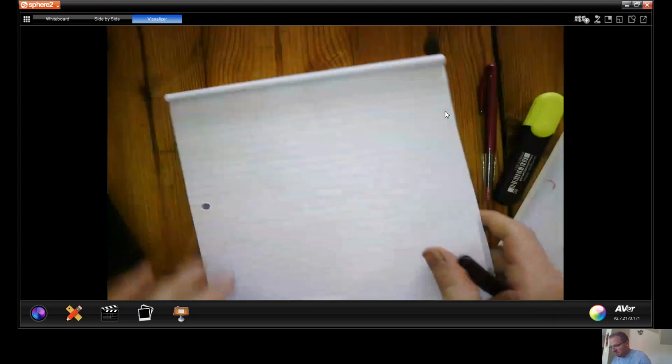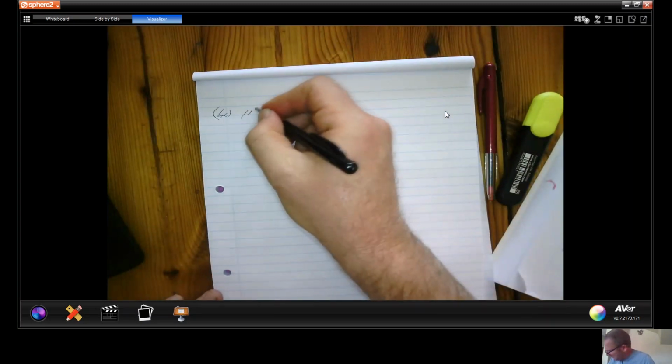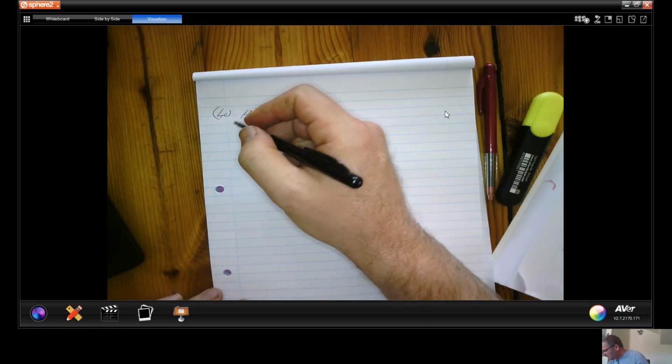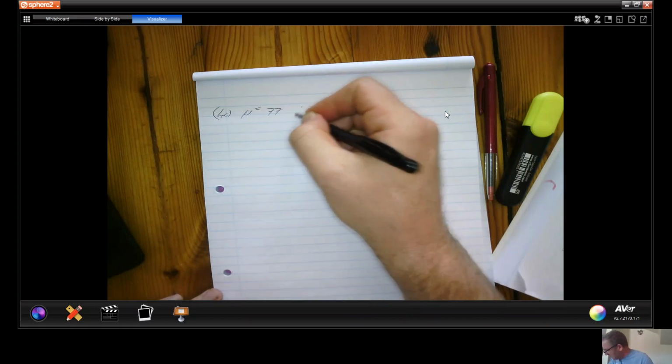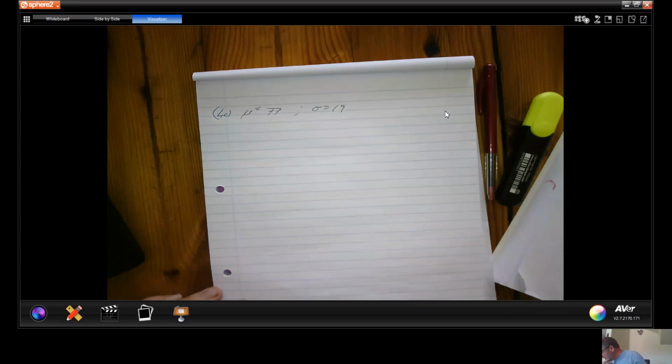So in question C, remember we've got mu equal to 77 for this country, and the standard deviation is 19. The next question says, what is the probability that a randomly chosen person has an IQ which is lower than 100?